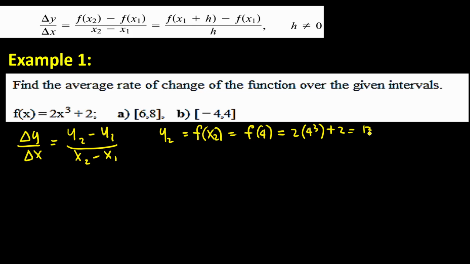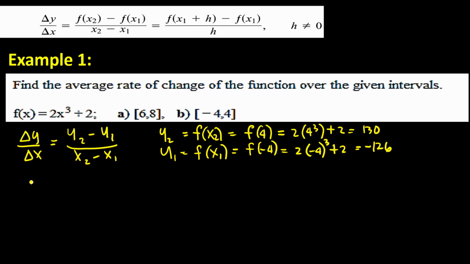So that's 130. And then f of negative 4 is your y1, which is f of x sub 1. So that's 2 times negative 4 cubed plus 2. Well, that's going to be negative 128, plus 2, which is negative 126.